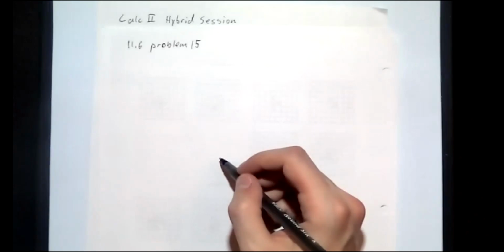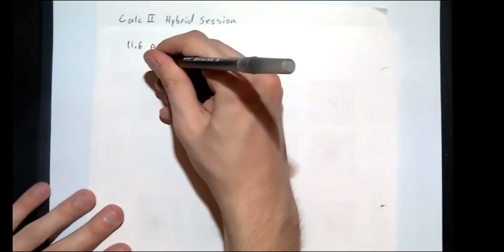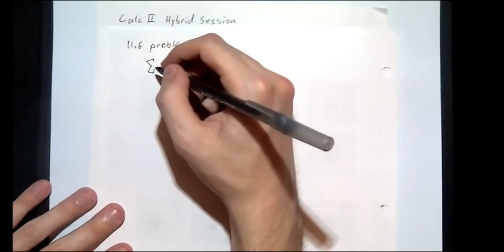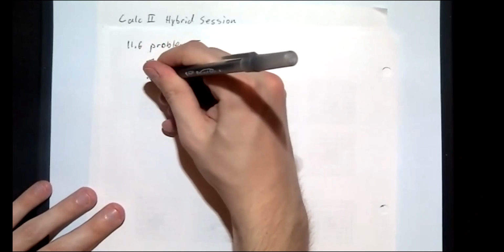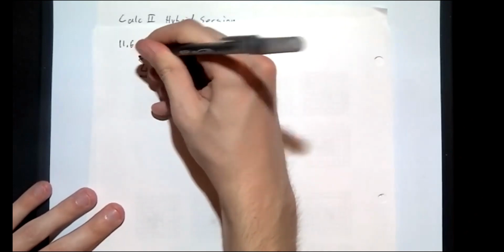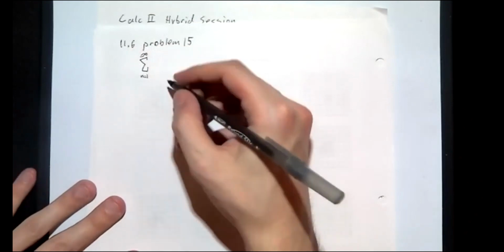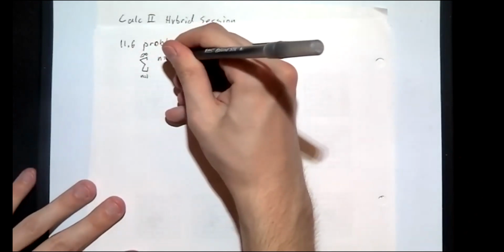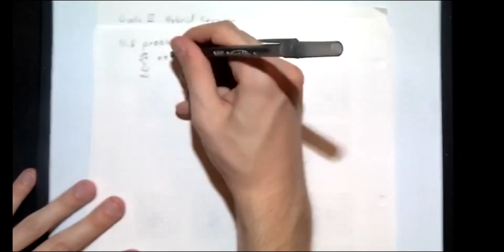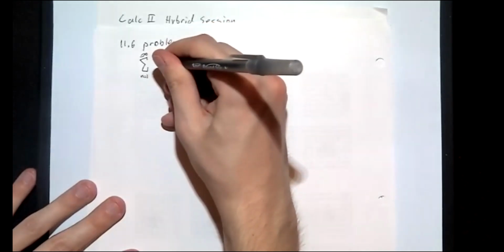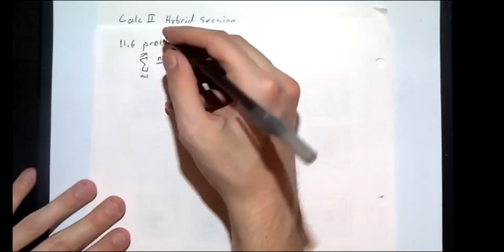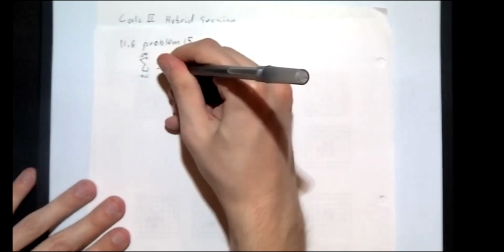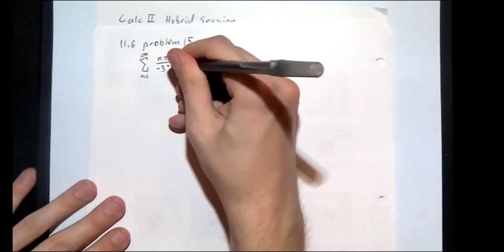From 15, we have the series from n equals 1 to infinity of n pi to the n all over -3n minus 1.